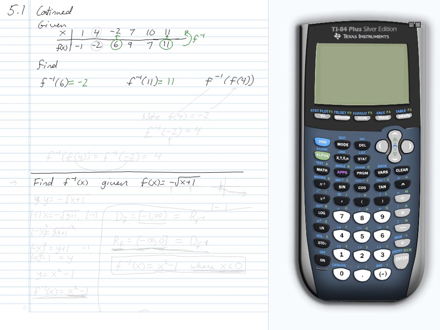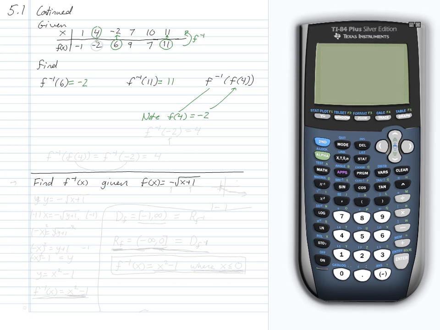Now our third example here is a little bit tricky. I want to figure out what f inverse of f of 4 is. Well, first I need to know what f of 4 is before I can start evaluating the inverse at whatever that is. So note that f of 4, going from x's to y's now, is negative 2.